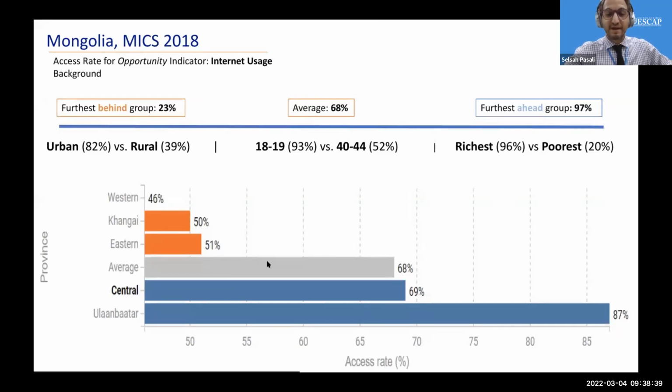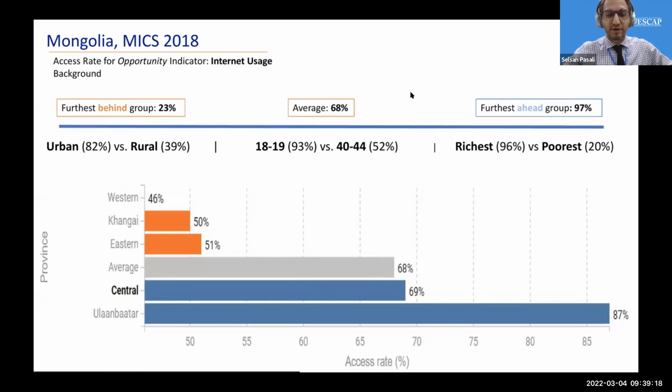On average, this group had a 23% internet usage rate. Now, that's a big difference from the average of 68%. And if you consider the furthest ahead group, they have on average a 97% internet usage rate, and they consist of younger people, 15 to 34, who live in relatively richer households. So we divide them as bottom 40 in the wealth distribution versus top 60. So these are a bit of a reminder of the situation with levels of access in different areas.